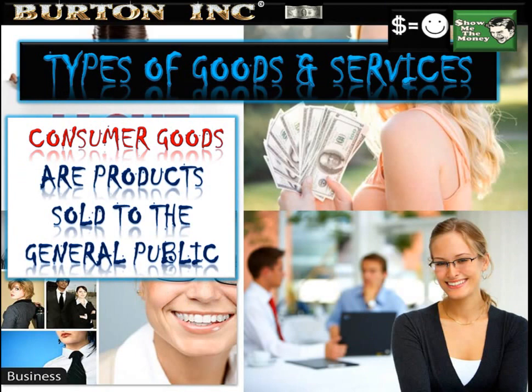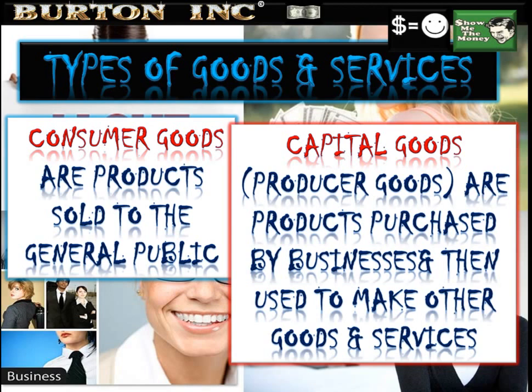We've got different types of goods and services that we need to make a distinction between. The first being consumer goods. These are goods that are sold to you and me, the general public. And the second type of good are capital goods or producer goods.